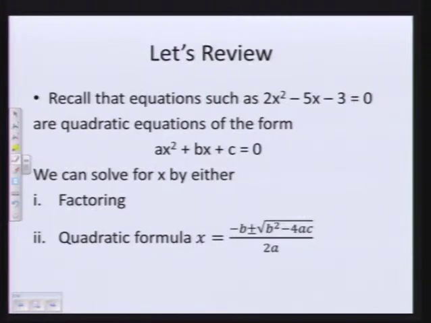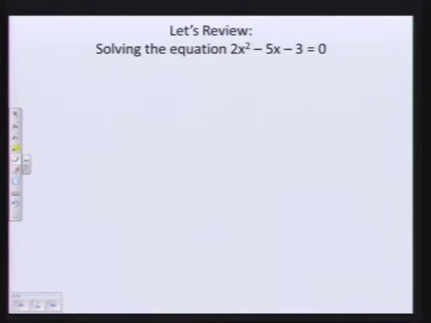Now, we know that we could solve this equation, 2x squared minus 5x minus 3 equal to 0, by factoring. So by factoring, this gave us two factors: 2x plus 1 in parentheses times x minus 3 in parentheses equal to 0.